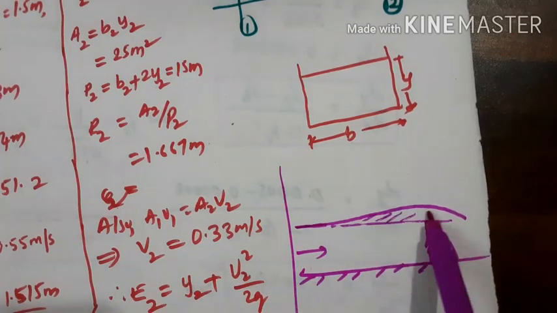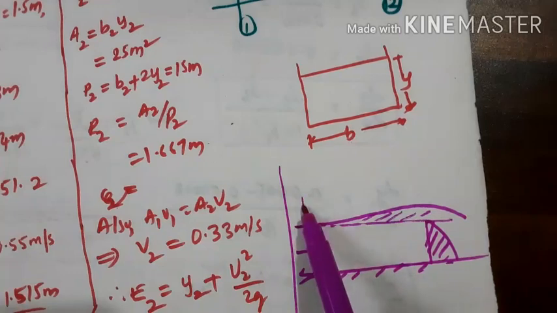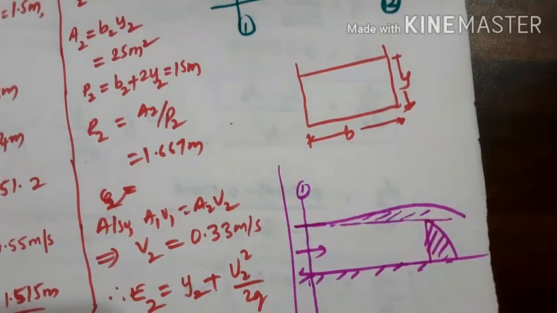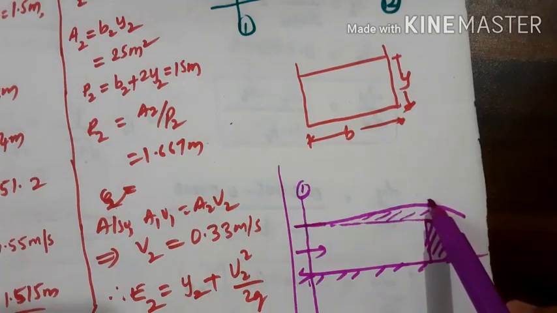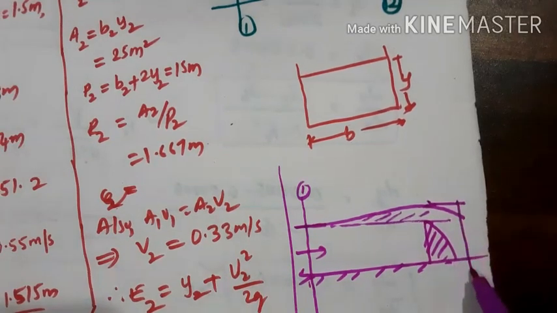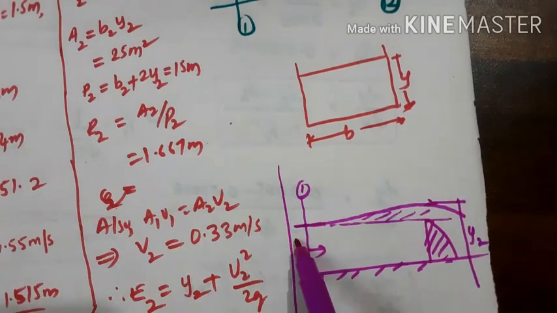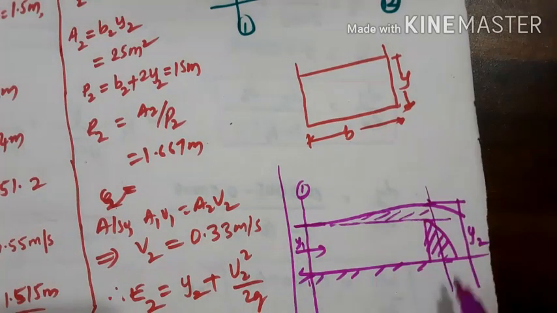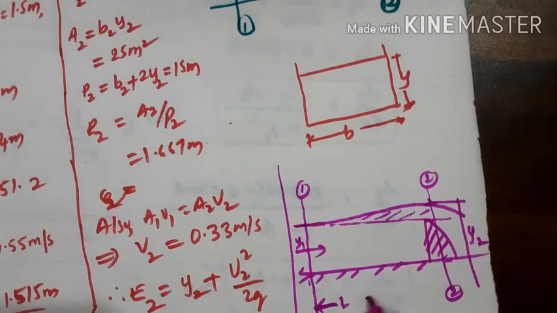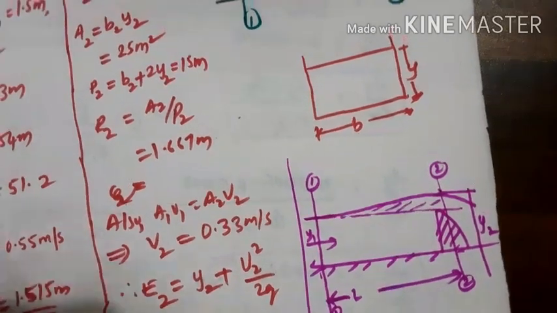Then this is called backwater, and the section where it starts rising and where it reaches the maximum height, this maximum height is y2, and this is y1, and here we get section 2-2. The distance between these two is the length of the backwater curve.